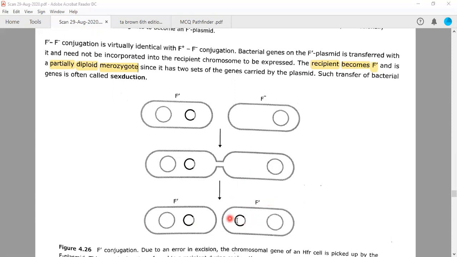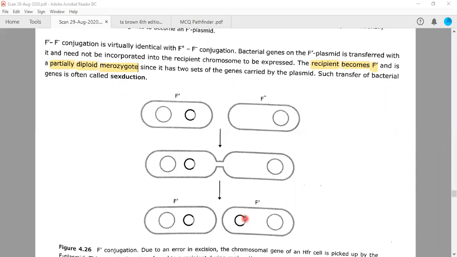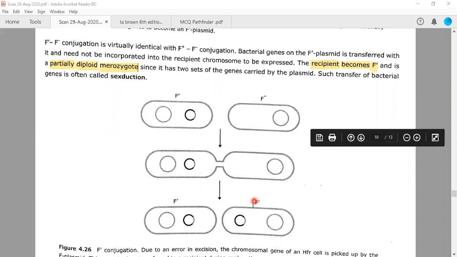Okay, because it has some genes from the bacterial chromosome and they are also present on the same bacterial chromosome, right? Therefore, it will become partial diploid for some genes which are present on this F dash plasmid. So two things you need to remember from this discussion. One, when you do mating between F dash and F negative cell, the recipient cell will also become F dash, not F positive, right?